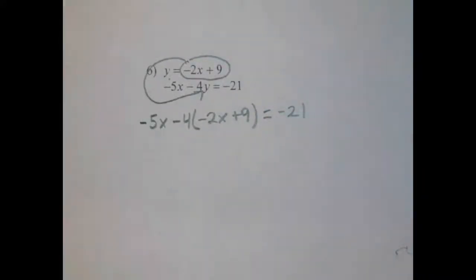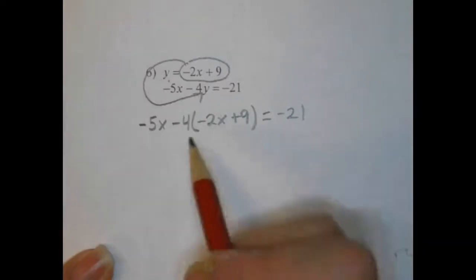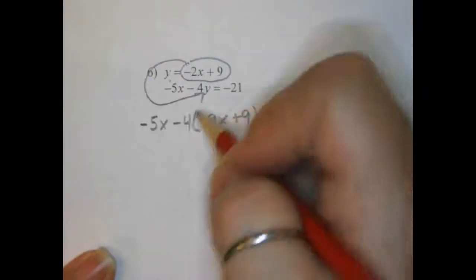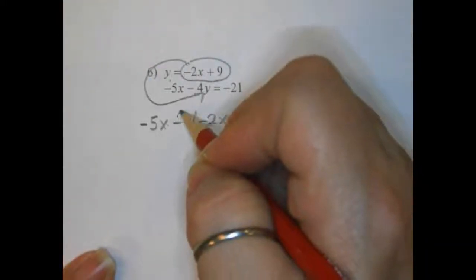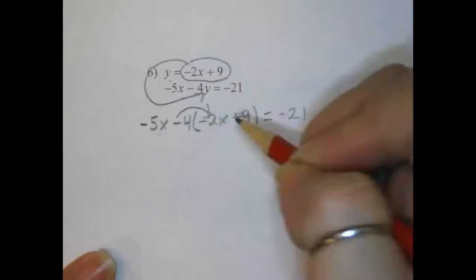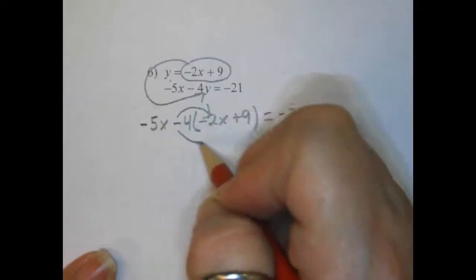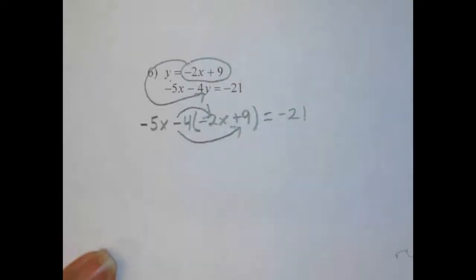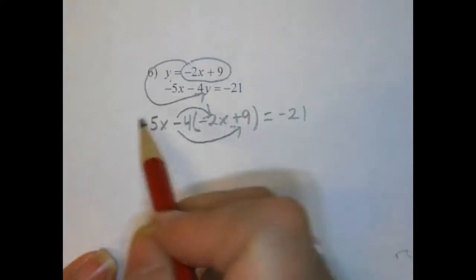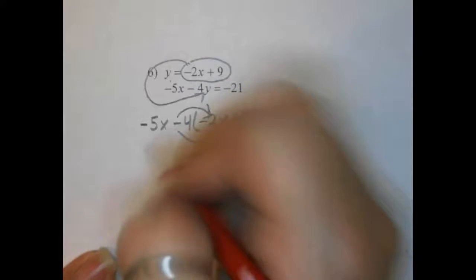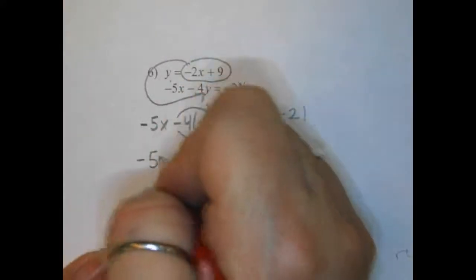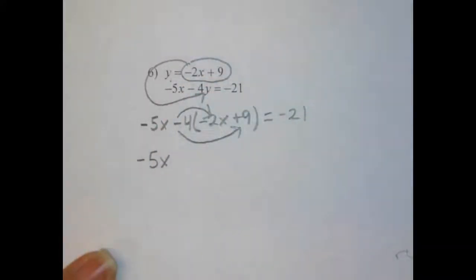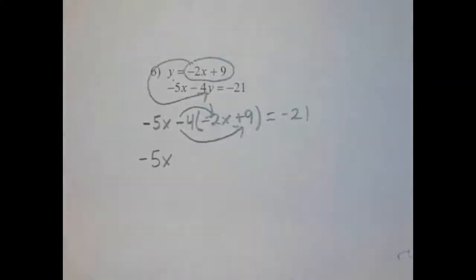Okay, so now, going back to my list, I have parentheses, so I'm going to eliminate them using distributive property. I'm going to multiply -4 times a -2x, and I'm going to multiply a -4 times a +9. This -5x is not part of my equation. So I'm going to write minus 5x. What am I going to multiply now?